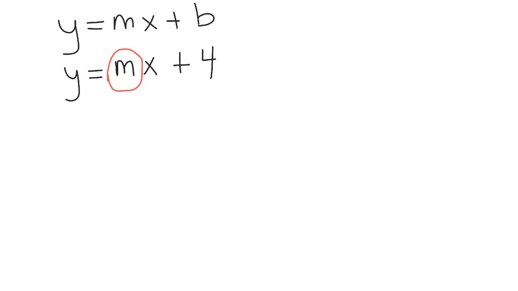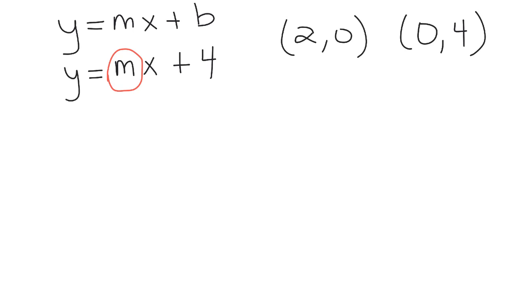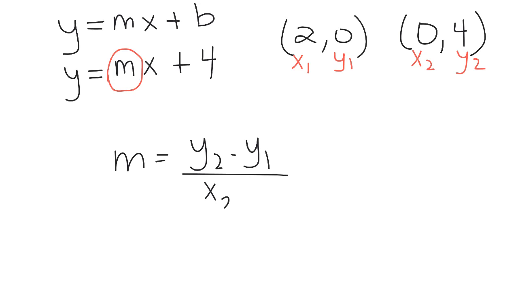And remember that you can find the slope if you have 2 points, and you can plug those 2 points into the slope formula. So remember, our 2 points are the x-intercept and the y-intercept that we just calculated. Our x-intercept was the point (2, 0), and our y-intercept was the point (0, 4). I can go ahead and label these as x1, y1, x2, y2. So I'm going to take those numbers now and plug them into my slope formula.